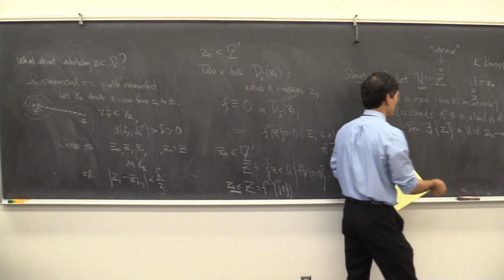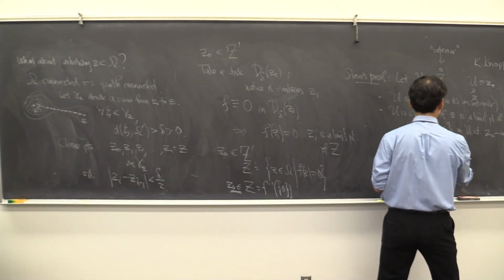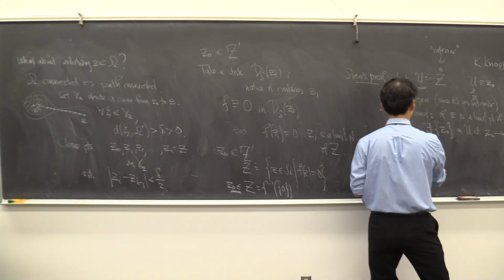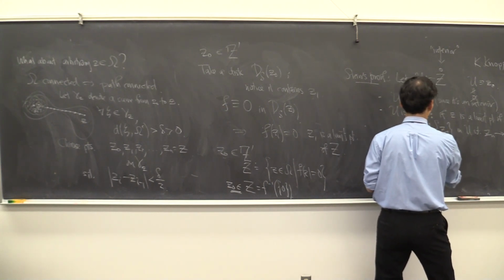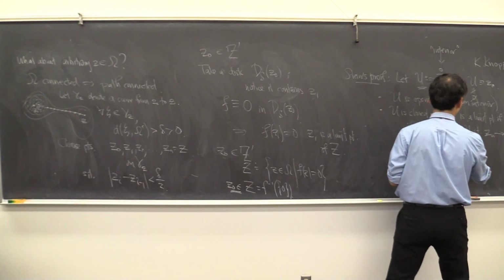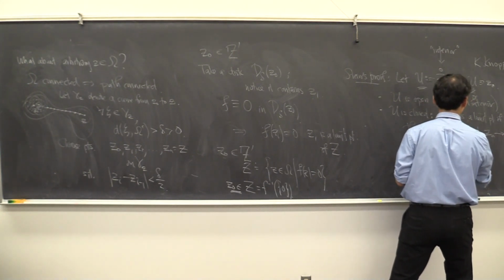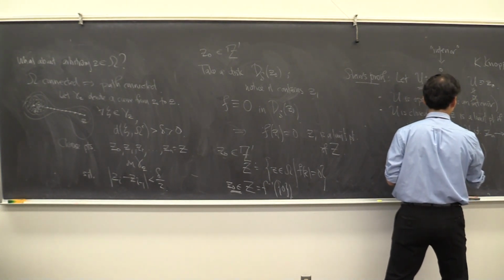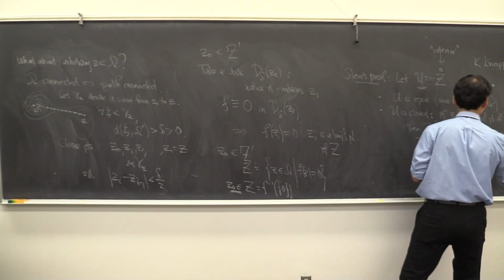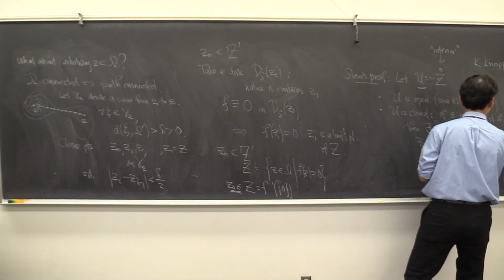But by continuity, f of z is the limit as n goes to infinity of f of z sub n.